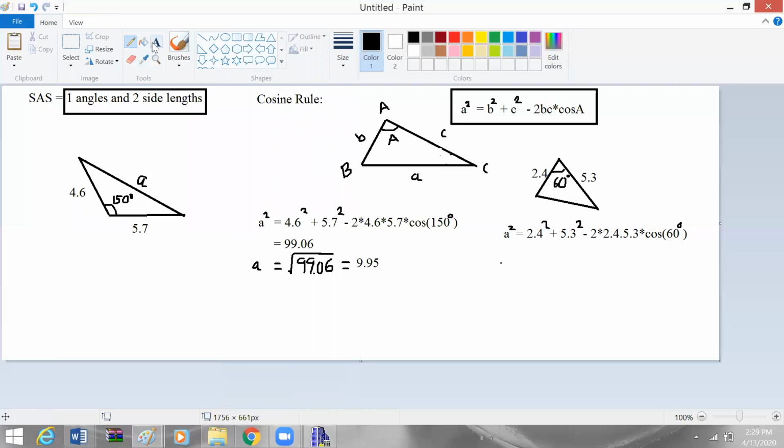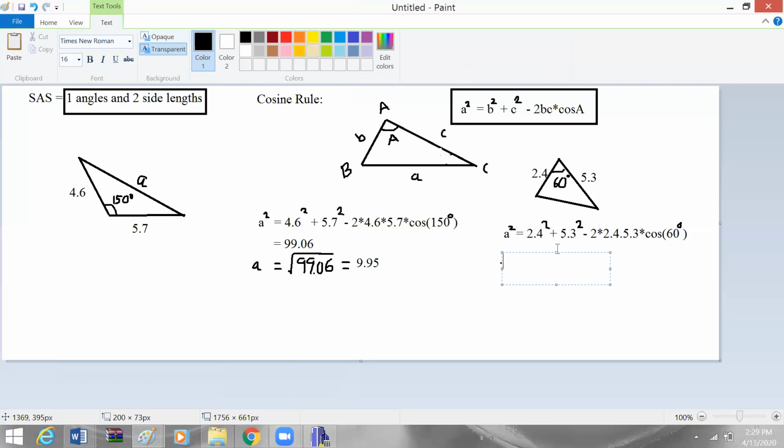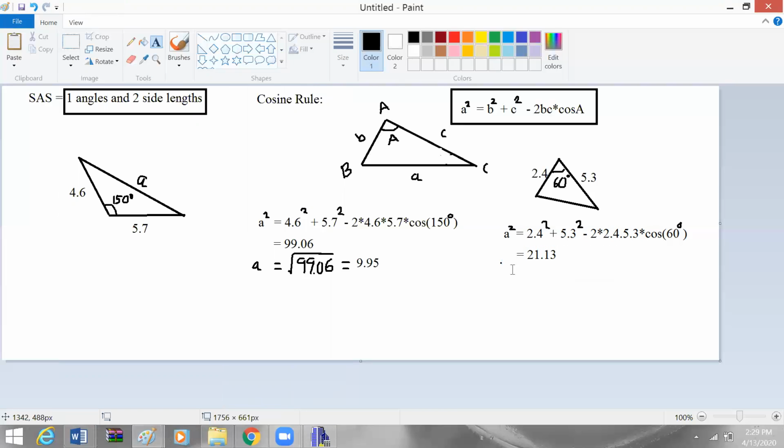So we're going to rewrite that. This will be equal to 21.13. And now we're going to solve for that. So a will be the square root of that, the square root of 21.13.